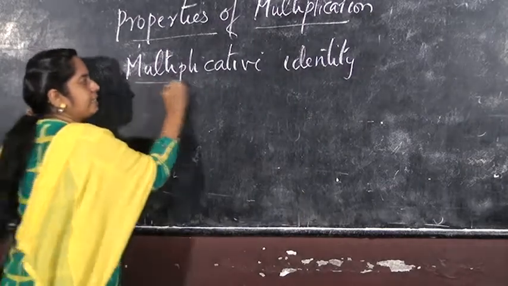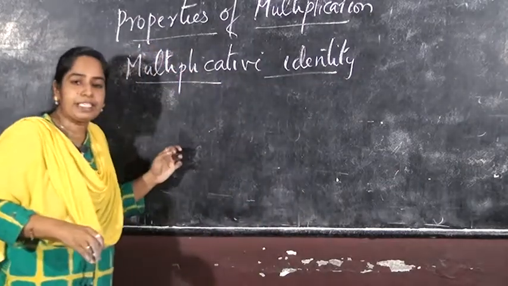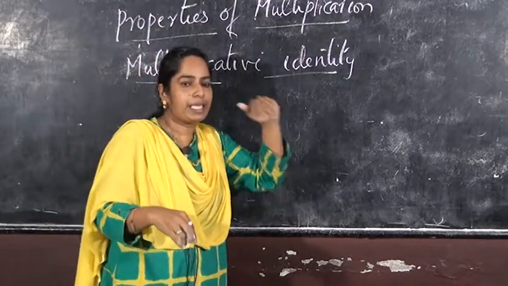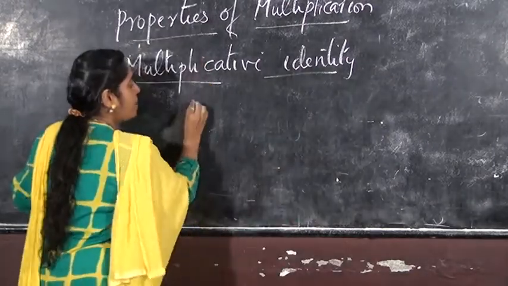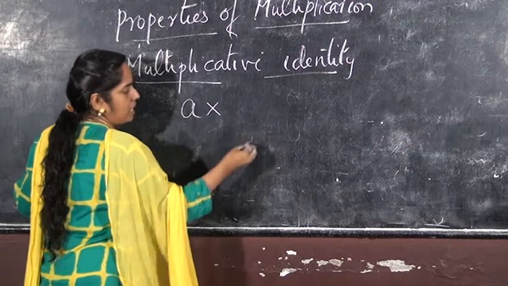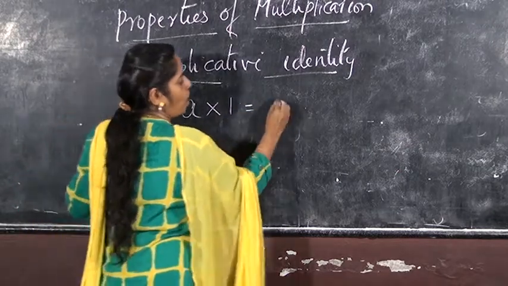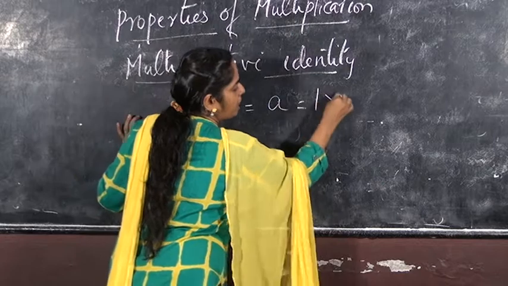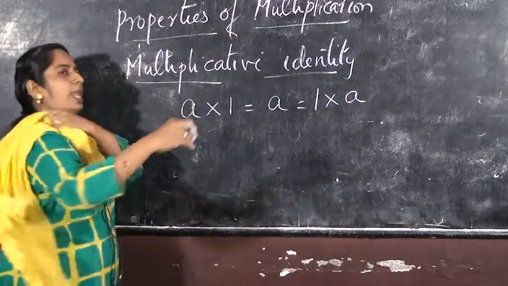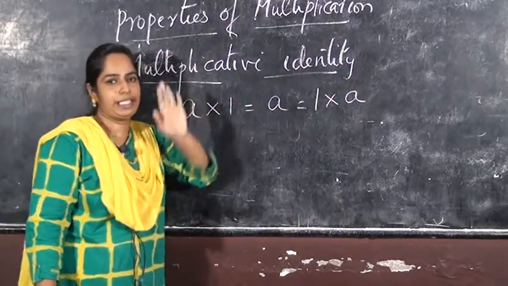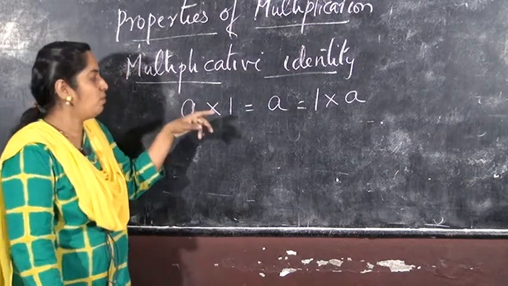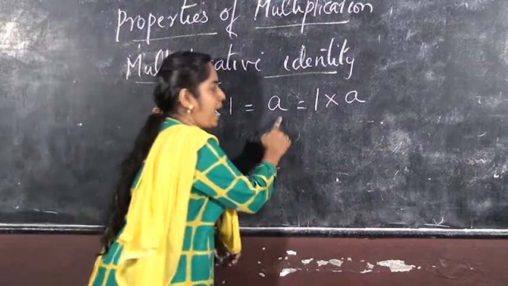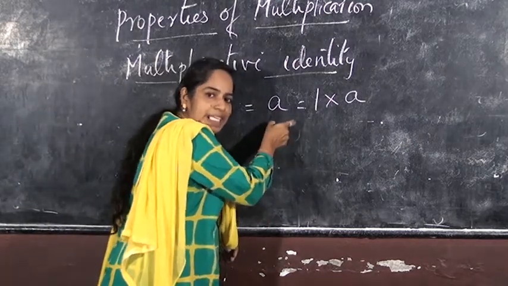Multiplicative identity means when we multiply an integer by 1, we will get a itself. So 1 into a equals a. This is the property: when an integer is multiplied by 1, we get the same integer.